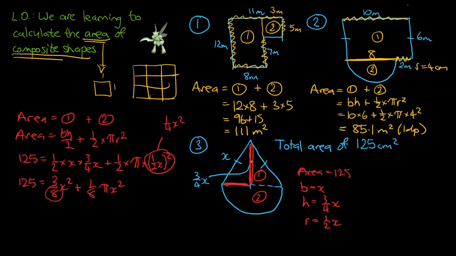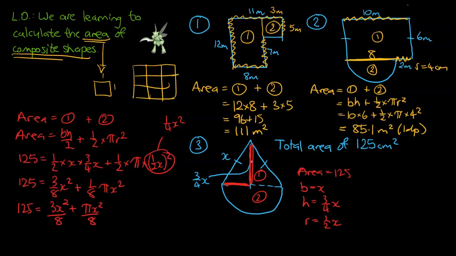We can see that the denominator of these are both 8. So that's going to help our case out. So we're going to have 125 is going to be equal to 3x squared over 8 plus pi x squared over 8. And now I can see it coming a bit together.